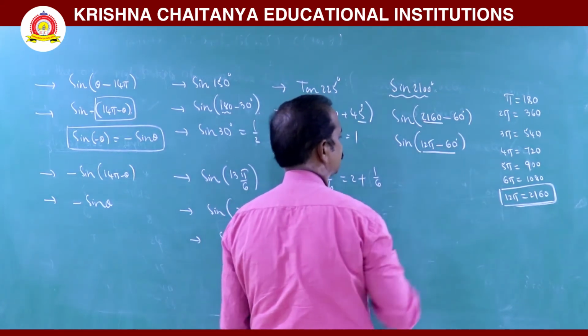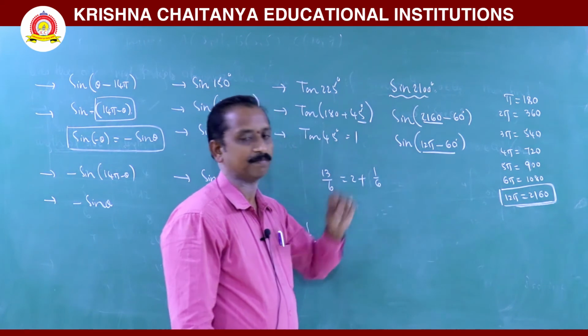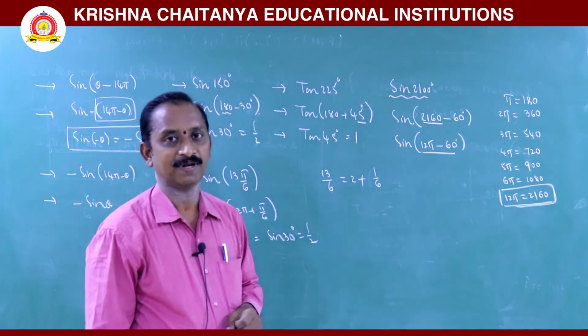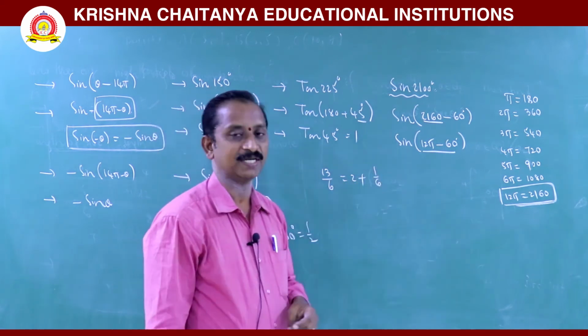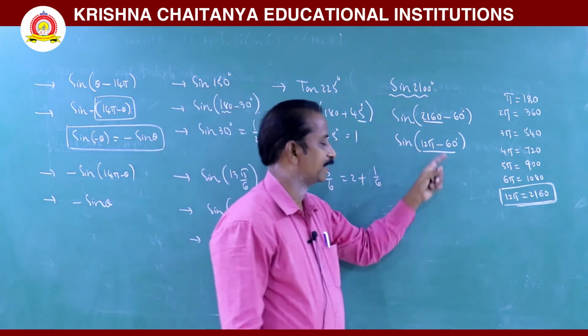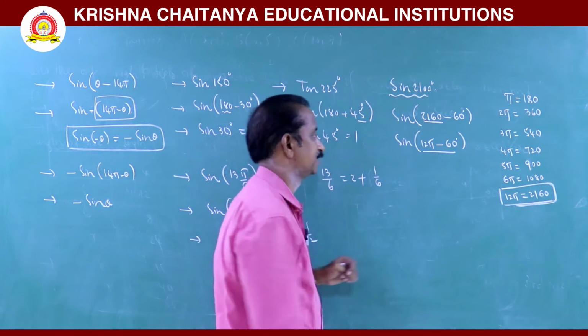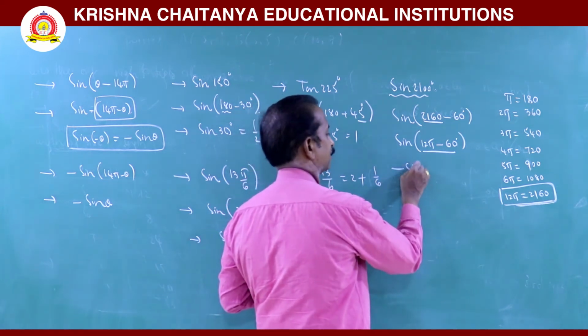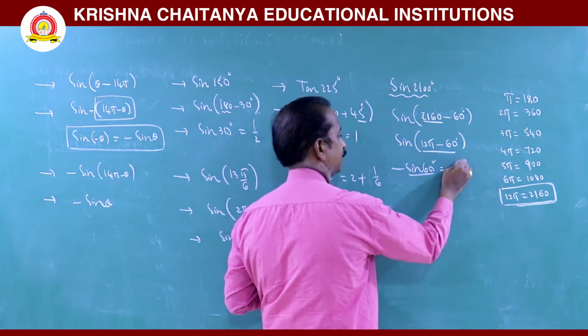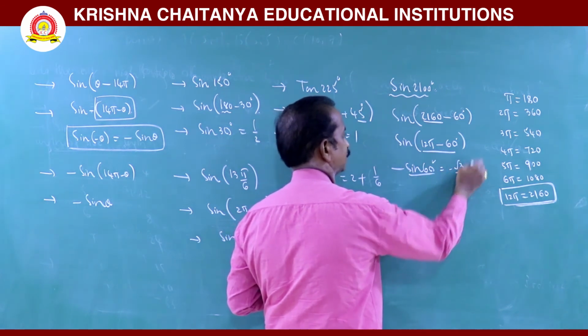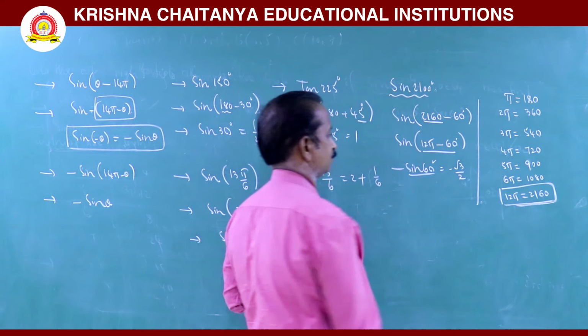It is a simple case: even number of pi minus theta is quadrant 4, sine is negative, and at this allied angle the trigonometric ratio is unchanged. So it is minus sine 60. Sine 60 is root 3 by 2. So the answer is minus root 3 by 2.